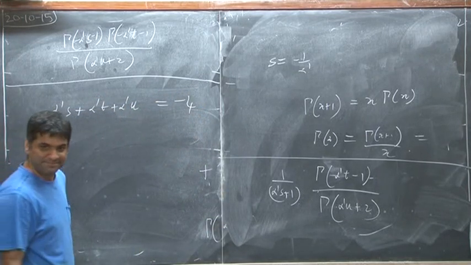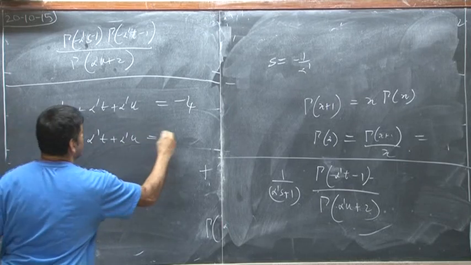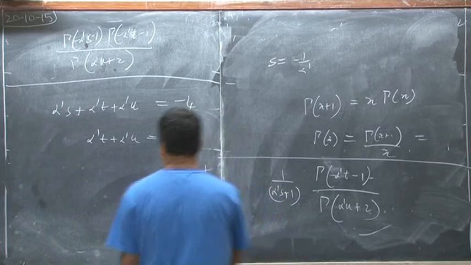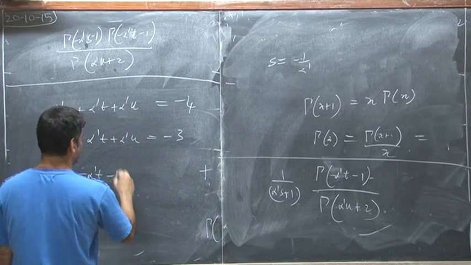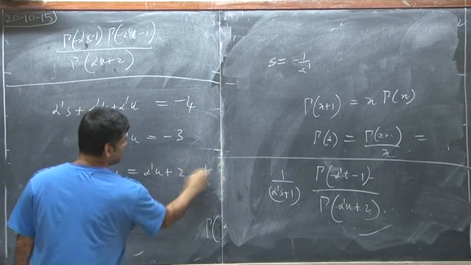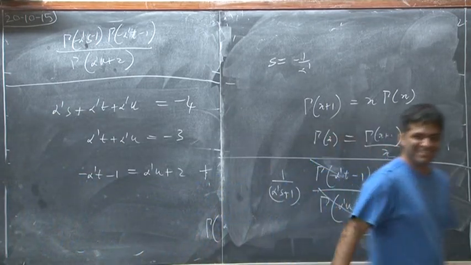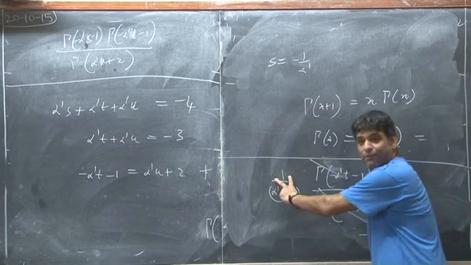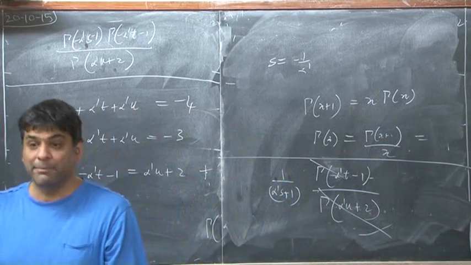So alpha prime t plus alpha prime u is equal to minus 3. And therefore, minus alpha prime t minus 1 is equal to alpha prime u plus 2. So in fact, the residue of the pole is very simple. It's just a pure number.